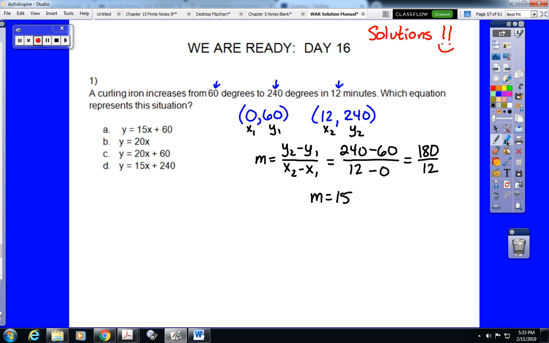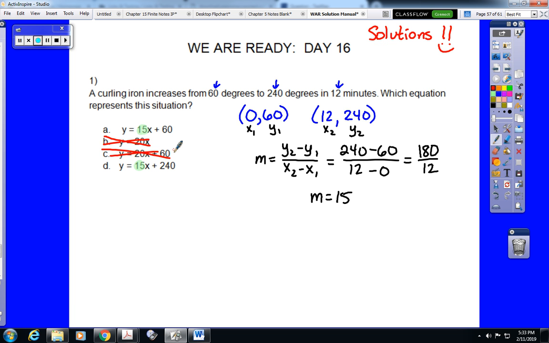Now, as soon as we know that the slope is 15, we can travel over to our potential equations, and we should notice only 2 of them have a slope of 15. The other 2 would immediately get our answer eliminator tool. We would eliminate them both.